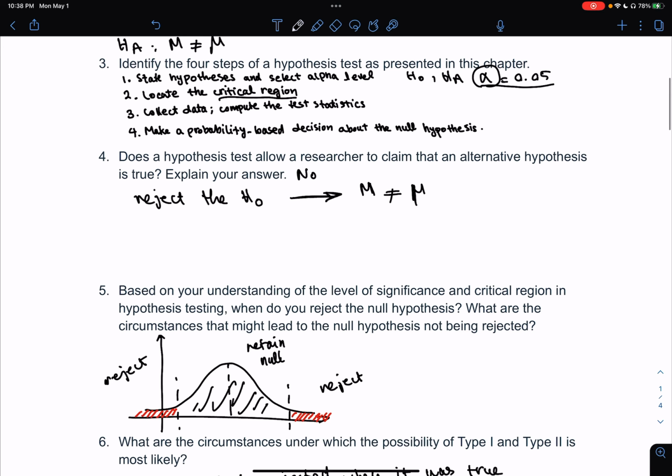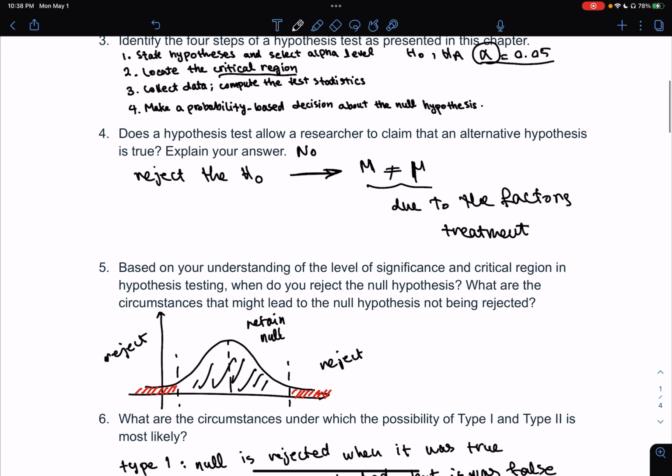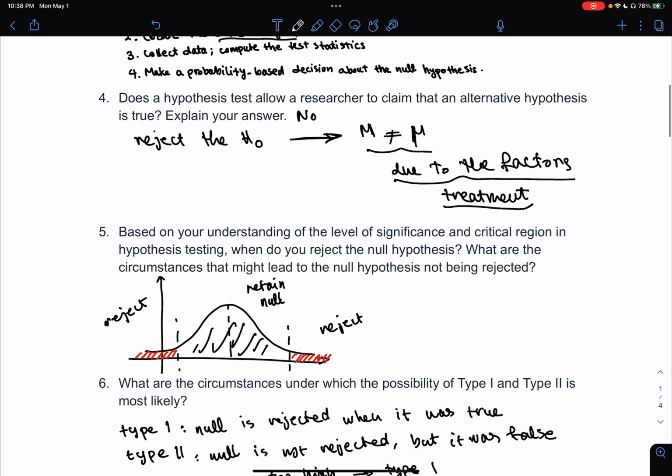But the thing is that there are a lot of different factors when it comes to this difference. So this difference could be due to different factors. One of these factors is our treatment, but it could be other factors that have resulted in us rejecting the null.